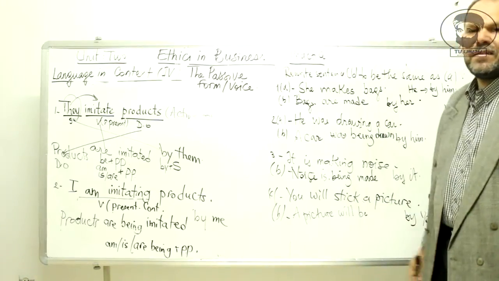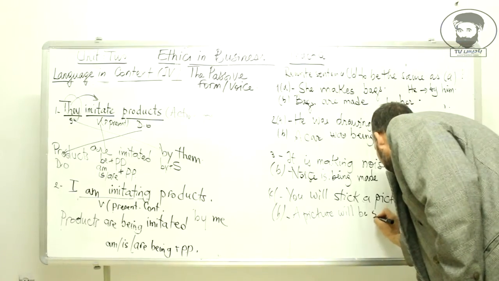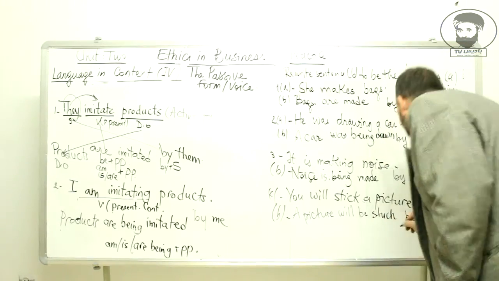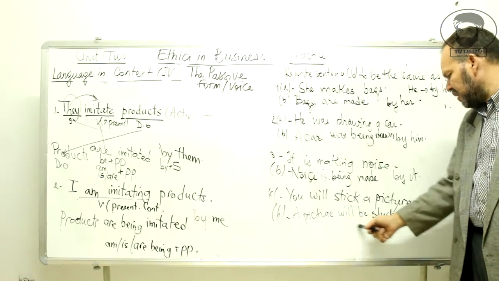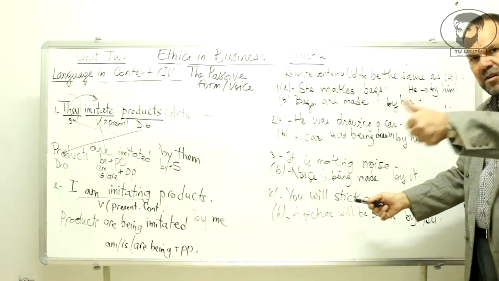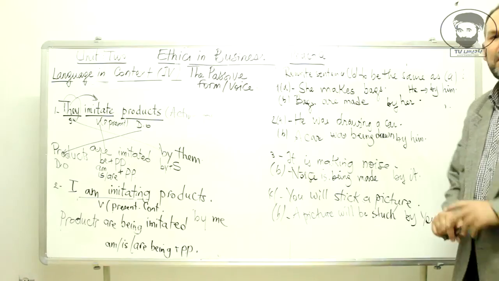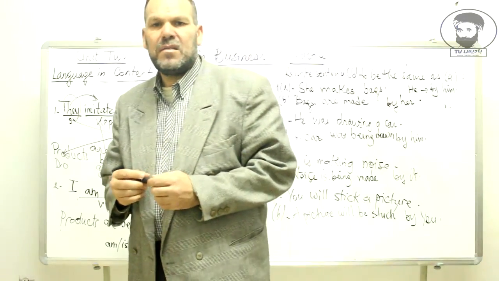To stick, stuck, stuck. So, will be stuck by you. A picture will be stuck by you. To stick, stuck, stuck. To stick on a wall. So this is as simple as that. Remember, it's not a difficult thing. So thank you very much.